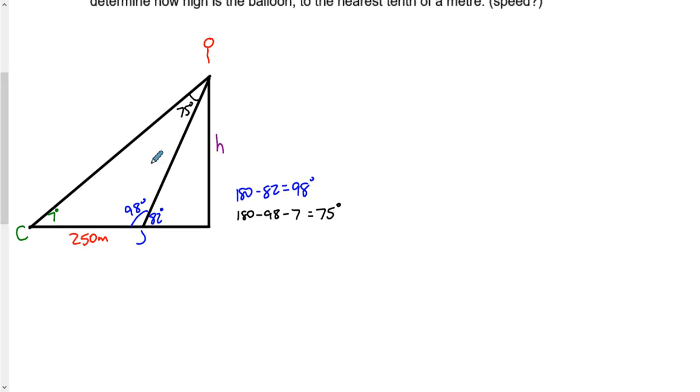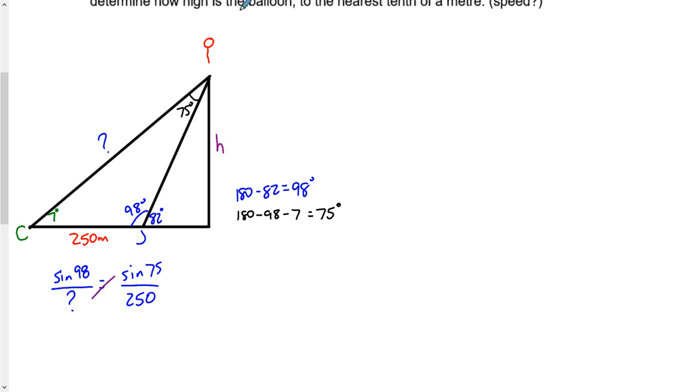Now, in this triangle, the only thing that we can really do is either calculate this long side here or calculate this side. Either way, it's going to work. If I calculate what this is, I'm going to use the sine of 98 over the unknown would equal the sine of 75 over 250.